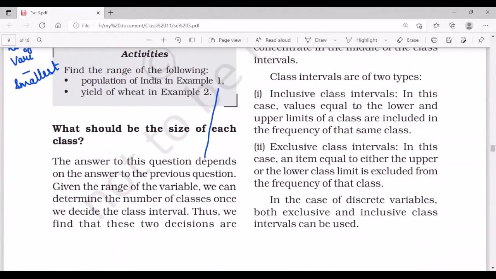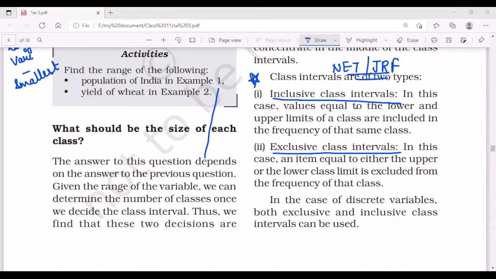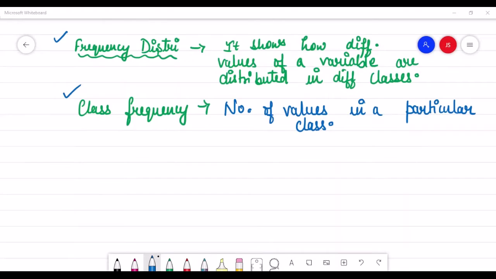Class intervals are of two types. Now, this is a very important concern for NET and JRF. This is a very important part, so I need you guys to concentrate on these topics. Class intervals are of two types: inclusive class intervals and exclusive class intervals.